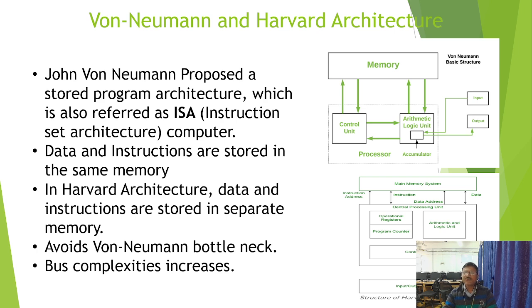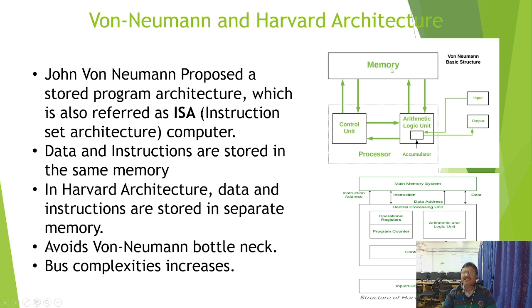As we observe in the picture on the right side, there is a processor, and that processor interfaces with the memory, which is basically called main memory, and any other devices attached to this computing system are designated as input or output devices.